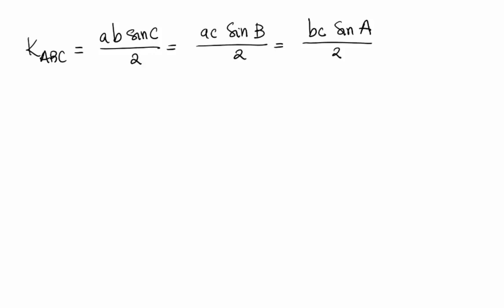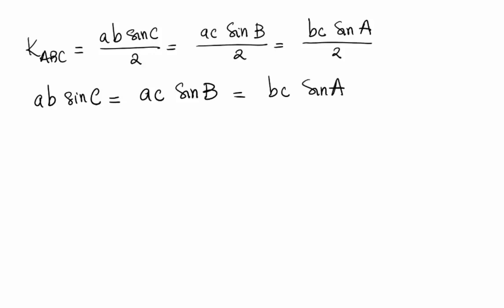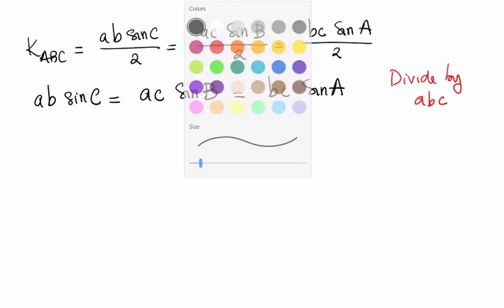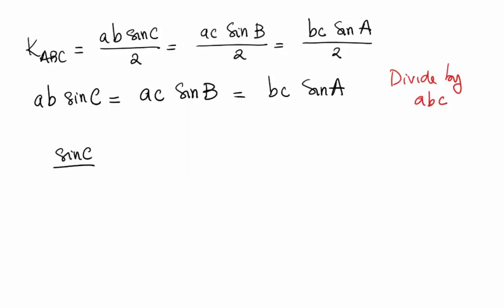So we multiply our equation by 2, and we get that AB sine of angle C is equal to AC sine of angle B, which is equal to BC times sine of angle A. Then we divide all of this by abc, and we get sine of C over little c is equal to sine of big B over little b, equal to sine of A over little a. So you divide and then you simplify.